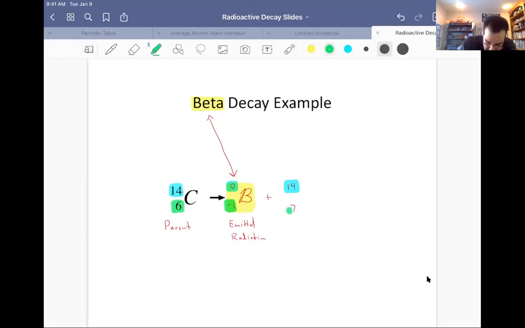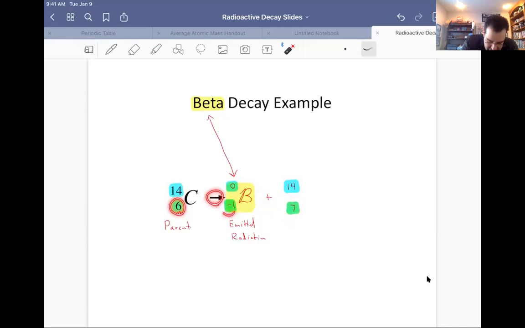This should make sense, because mathematically, it says 14 equals 0 plus 14. That's true. And then it says 6 equals -1 plus 7. That's true too.